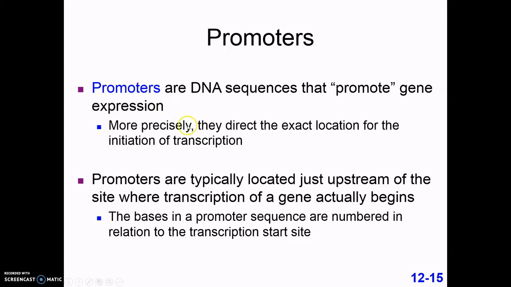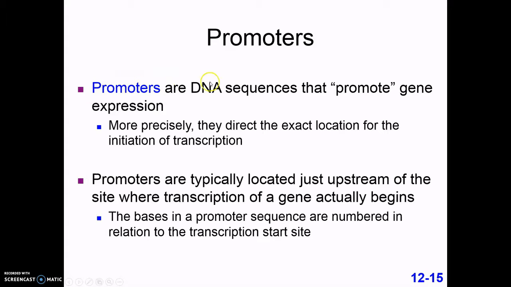And more precisely, they direct the exact location where the initiation of transcription will happen. So if you recall, transcription has three phases. It has initiation, elongation, and then termination. And this is essentially setting up the site where the initiation will begin.